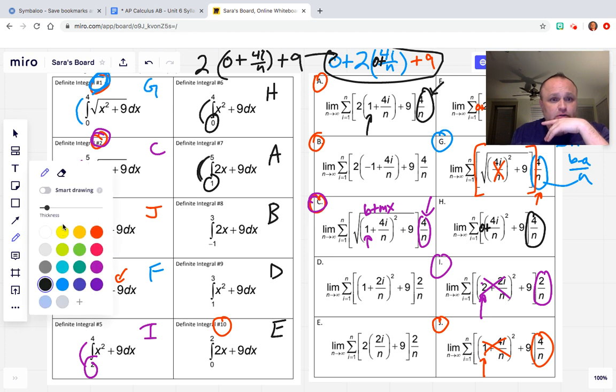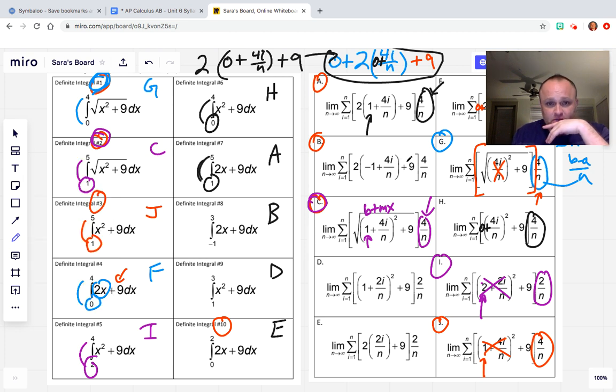All right, so let's go to number 8, which is B. It has a jump of 4. There's the jump of 4. It starts at -1. There it starts at -1. And it's 2x plus 9. That's how you get this one. D, its jump is 2. So 1 to 3, that's a jump of 2.